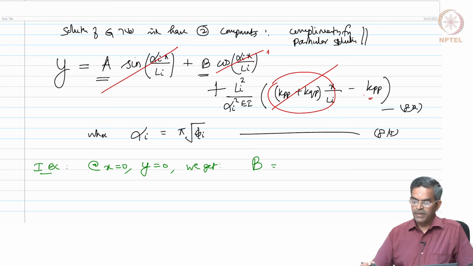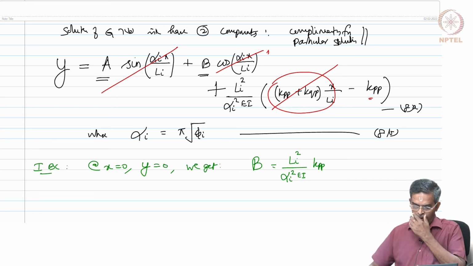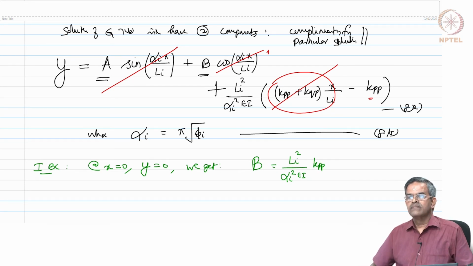So, can I say B is going to be equal to Li square by alpha I square Ei of KPP? Can I say that? Okay.